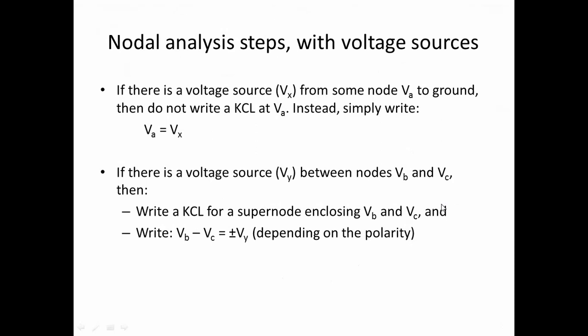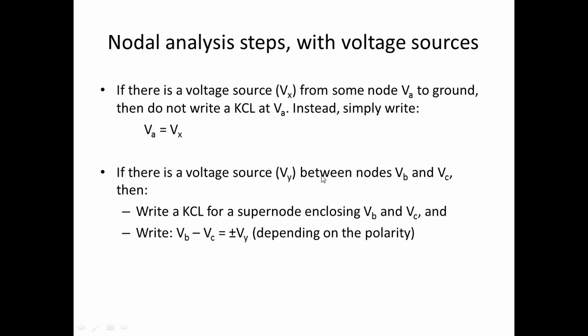Now, to summarize what happens if there are voltage sources in the circuit. If the voltage source is connected to ground, we will not write a KCL at the node to which the voltage source is connected. Instead, we will write VA equal to Vx, where Vx is the value of the voltage source.